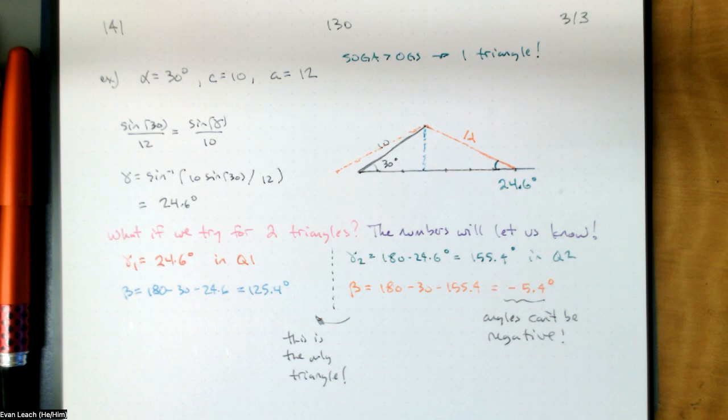Any questions? How's everybody okay? Everybody looks super stoked that you have the ability to solve triangles using the law of sines. At this point, you have a complete set of skills to triangulate.